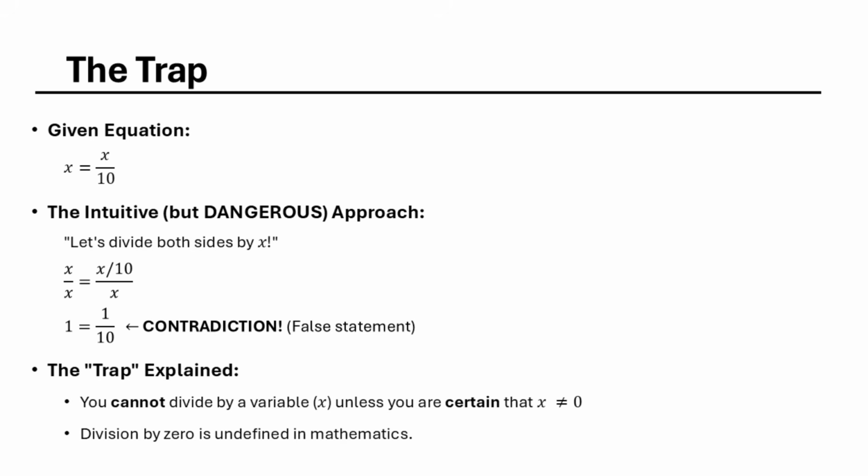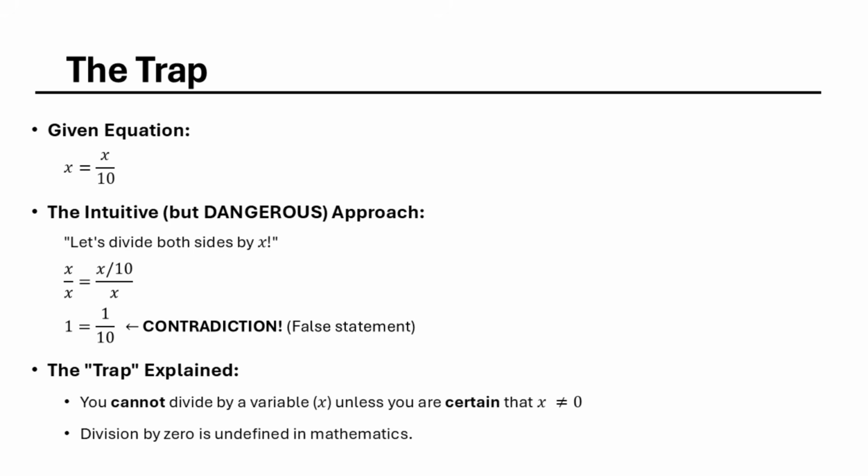Let's solve this equation, x equals x over 10, properly. We need to find the value of x that makes this mathematical statement true. When we see a fraction on one side, our natural algebraic instinct is often to eliminate it. The most common first thought people have is, okay, let's get rid of the x on the right side by dividing the entire equation by x.